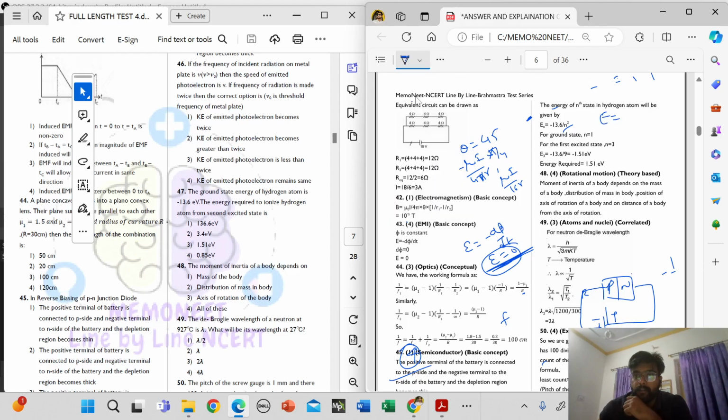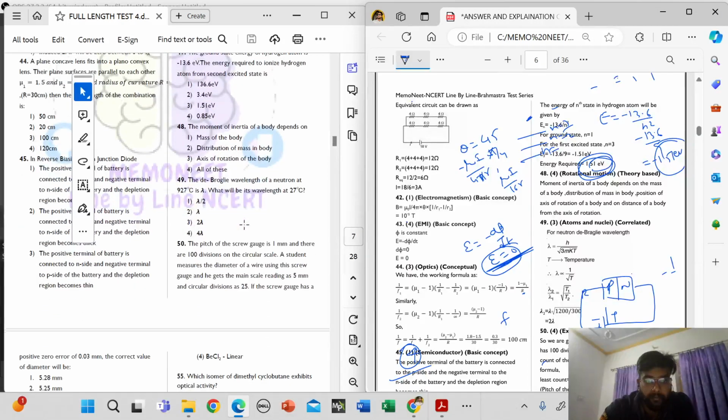E is equal to minus 13.6 divided by n square. For the ground state n equal to 1, n equal to 2 is the first excited, and n equal to 3 is the second excited state. For n equal to 3, minus 13.6 divided by 9 is equal to minus 1.51. So for ionization, we need plus 1.51 eV energy.